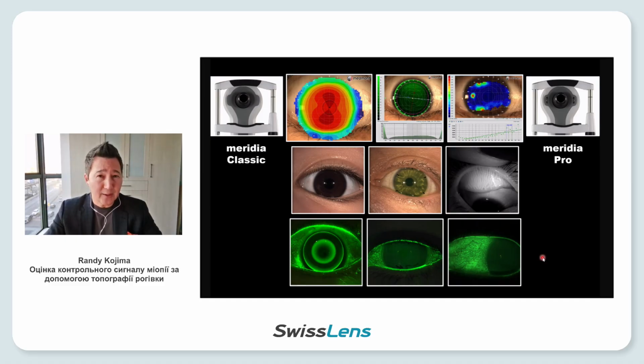But as Marcus said, as an imaging device, the illumination, the depth of field, the resolution of this instrument is just so incredible. So if you're looking for a topographer that is a fabulous tool for orthokeratology, and an awesome documentation device for imaging both contact lenses and dry eye, the Meridia is really a very impressive instrument.